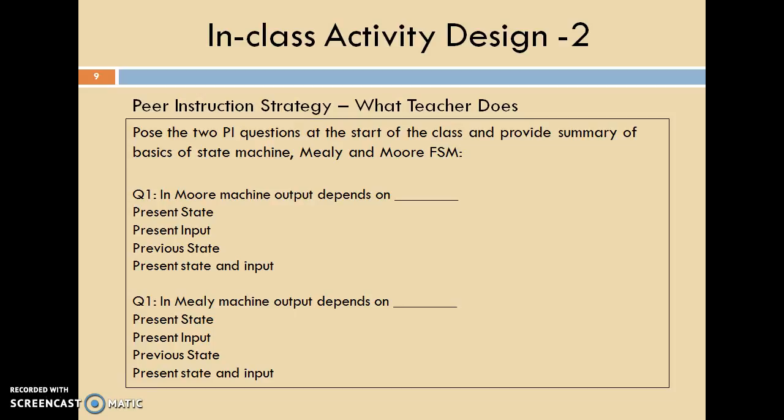For example, in Moore machine, output depends on... Here we have 4 different options. Students are expected to give their individual opinion and then come to the conclusion about which one is right upon discussing with the other peers.